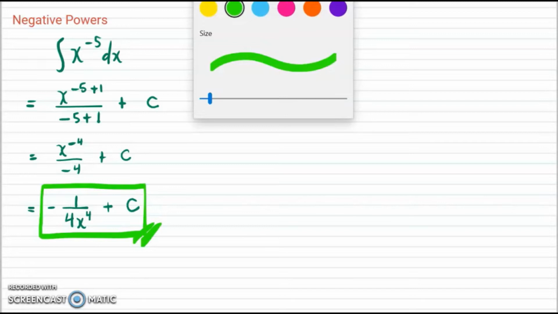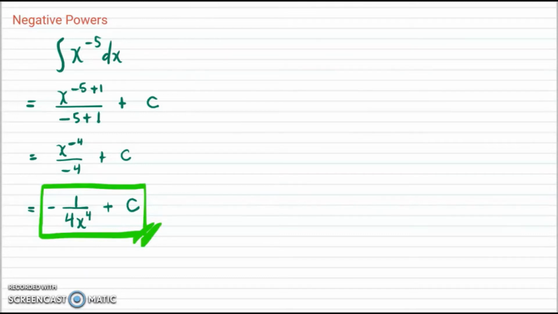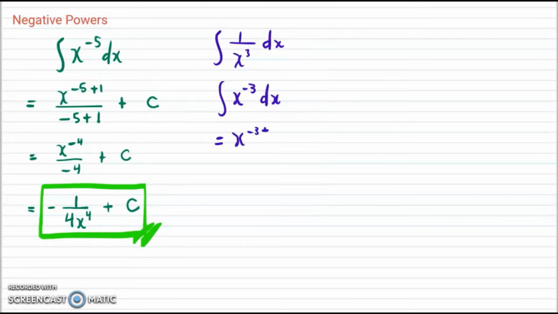For another example, let us have the integral 1 over x cubed dx. So this can be rewritten as x raised to negative 3 dx. So the integral x raised to negative 3 dx. So we just apply again the power rule. So this equals x raised to negative 3 plus 1 over negative 3 plus 1 plus c.